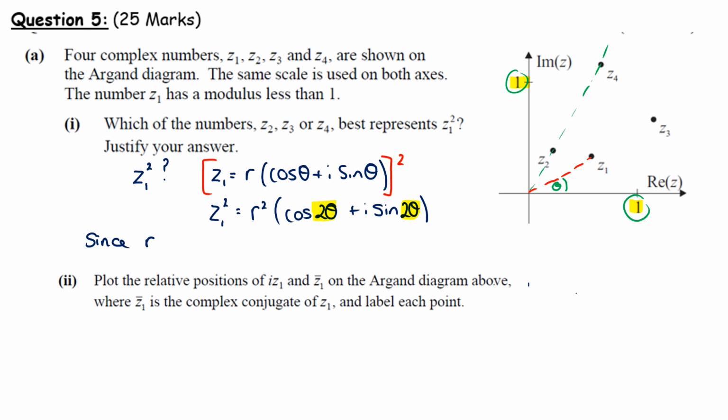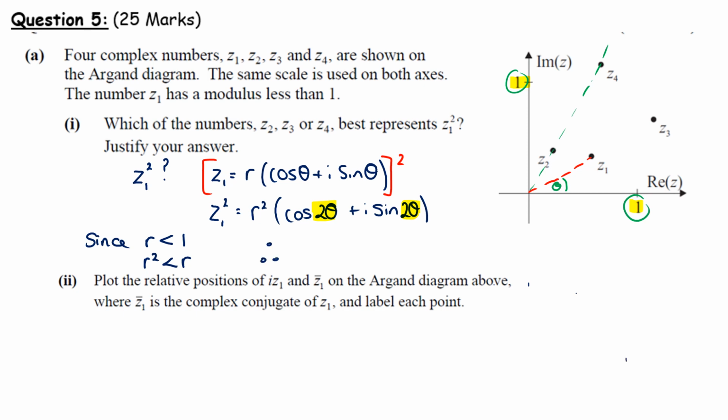So the r up here is less than 1, so r squared will actually be smaller. If you think about a half and you square it, a half times a half is a half of a half. It's a quarter. So actually we're looking at a complex number where the modulus is smaller.